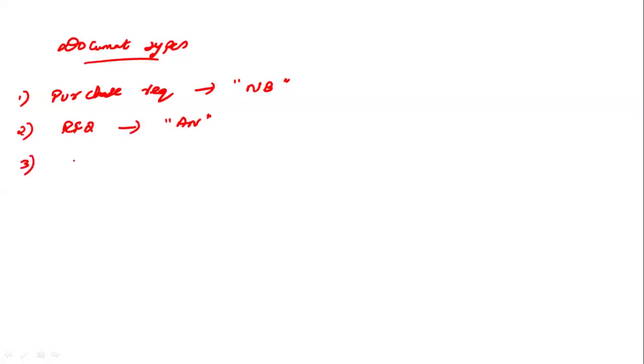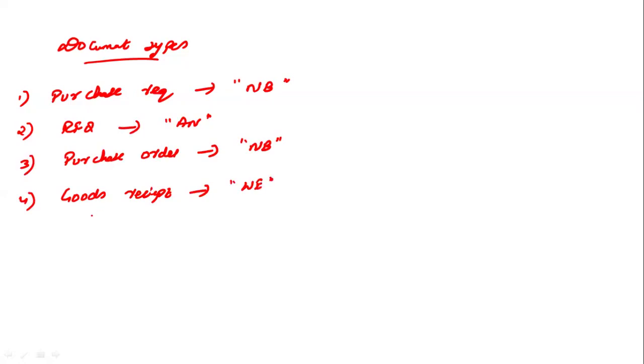For purchase order, it is again NB. For goods receipt, it is WE. For invoice, it is RE.